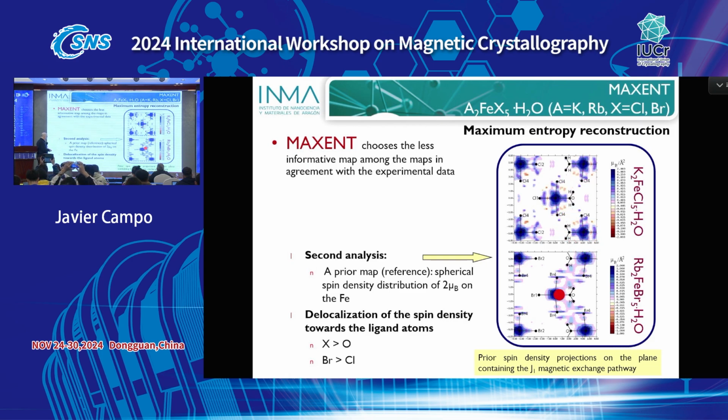And you can see that, in fact, it seems that in this direction that connects via the most important exchange interaction constant, there is a kind of delocalization. And there is more to the halogens, more than oxygen, and more in bromide than in chlorine.